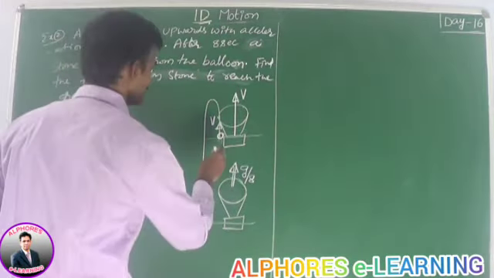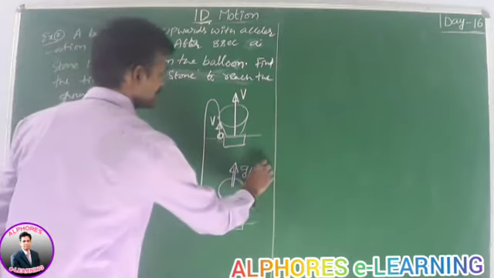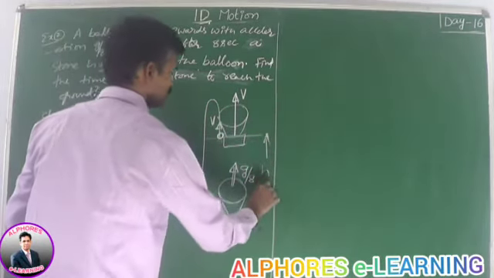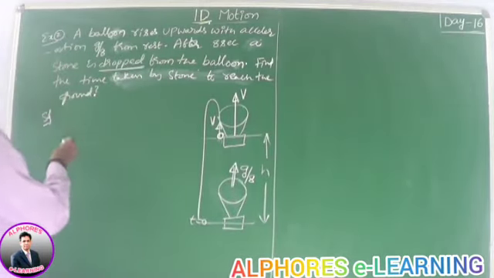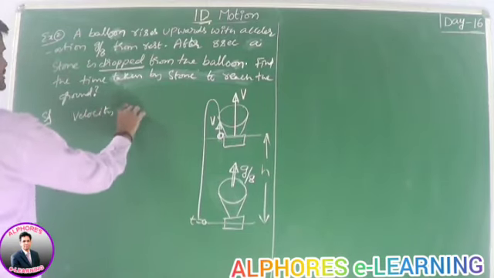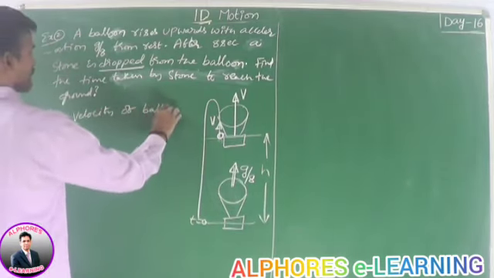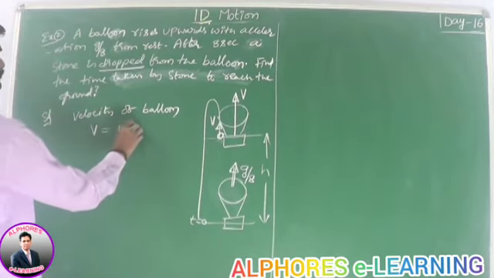Now I want to find the height at which this stone is dropped. Let it be some h. First of all, I want to find the height and the velocity of the balloon. So the velocity of the balloon is v is equal to u plus at.